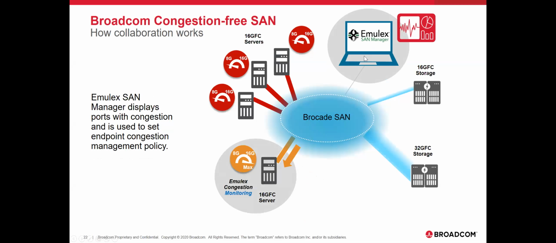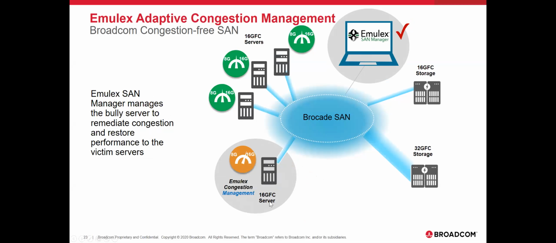And with Emulex SAN Manager, you can now look at that congestion and decide what you would like to do. You could just leave it and monitor it, or you could decide that you want to manage the I/O. And if you decide that you want to manage the I/O, the Emulex HBA will limit the I/O coming in and out of the server to match the hardware resources of the server.